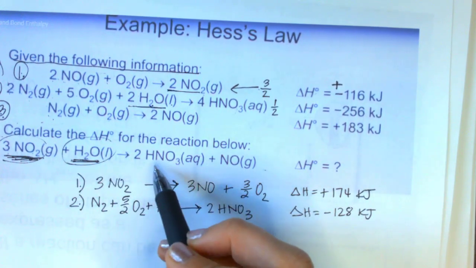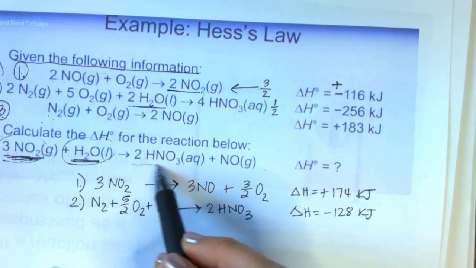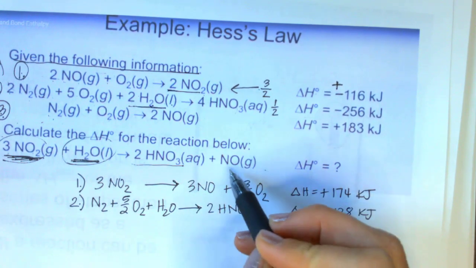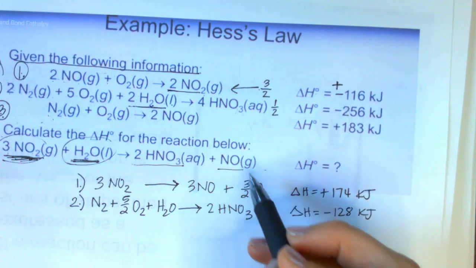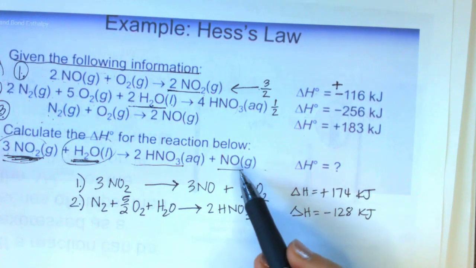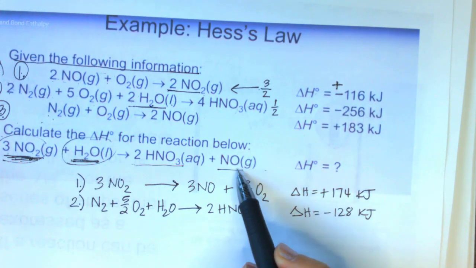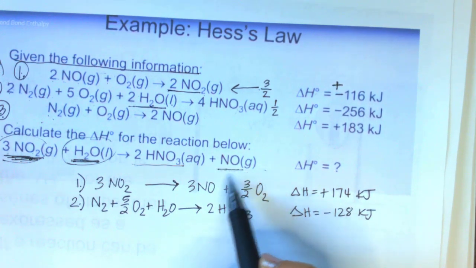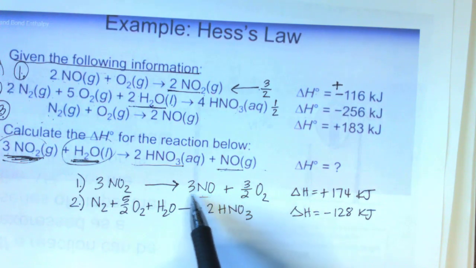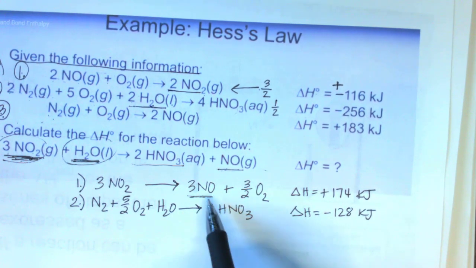Now, do we have 2 moles of HNO3 on the right? Yeah, we do actually at this point. That's great. Do we have NO on the right? Good. But I only want 1 mole of NO, and right now I have 3 moles of NO on the right. So I need to figure out how that can simplify, right?